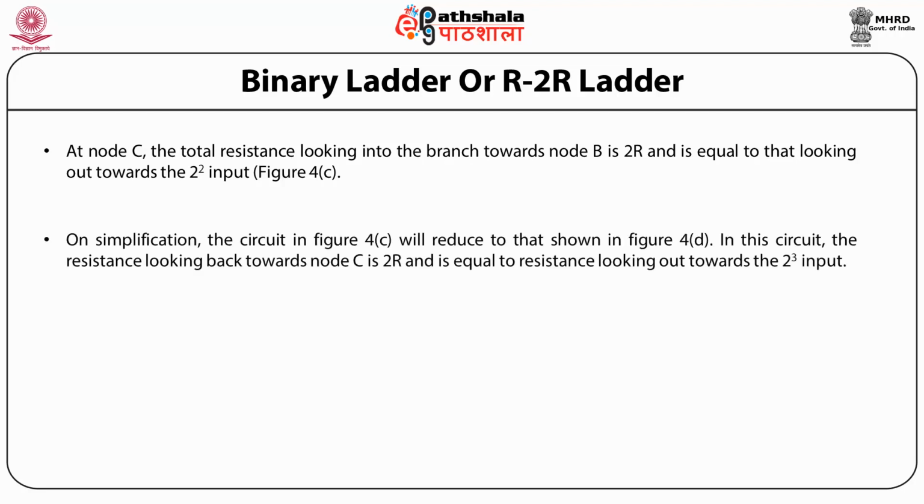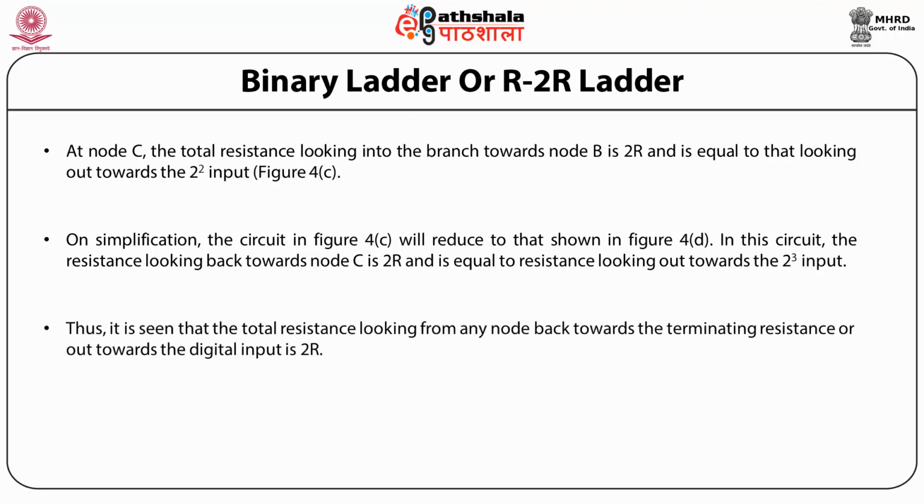On simplification, the circuit in figure C will reduce to that shown in figure D. In this circuit, the resistance looking back towards node C is 2R and is equal to the resistance looking out towards the 2^3 input. Thus, it is seen that the total resistance looking from any node back towards the terminating resistance or out towards the digital input is 2R.